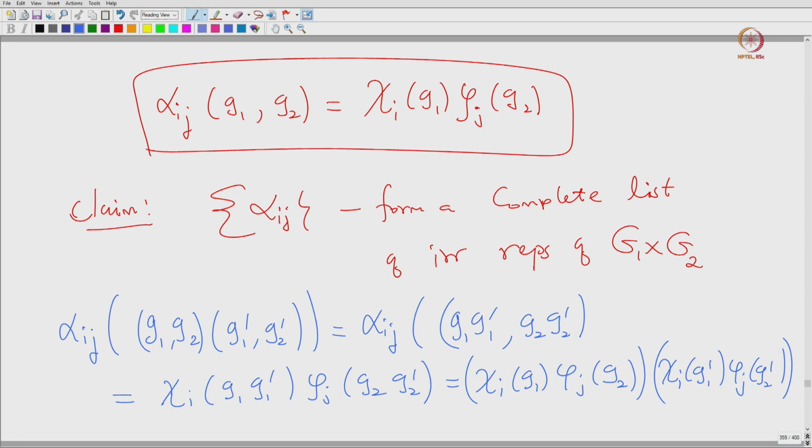I have used the group homomorphism, and everything is happening in C cross, so they are all commutative. But now note that this term by definition is nothing but alpha ij of (g1, g2), and similarly this term is nothing but alpha ij of (g1', g2'). So that means alpha ij is a group homomorphism.